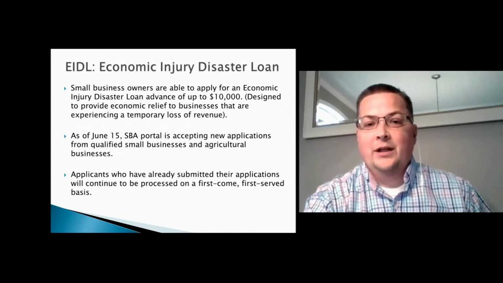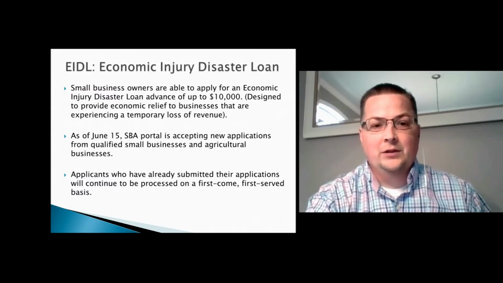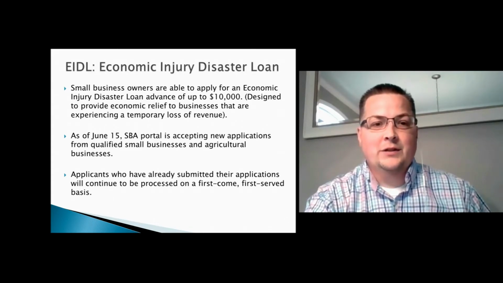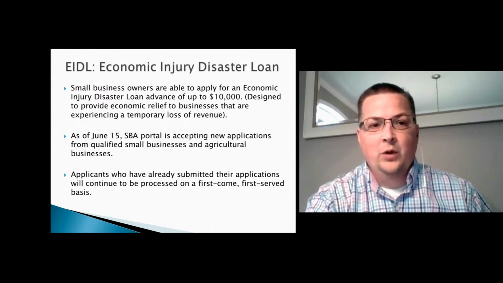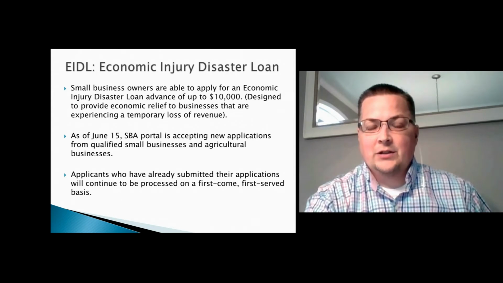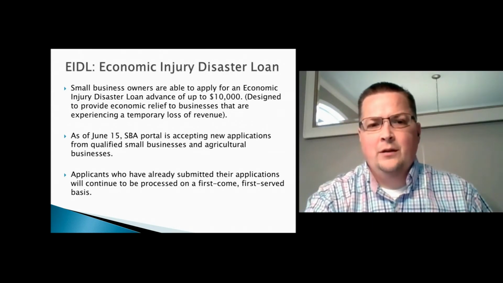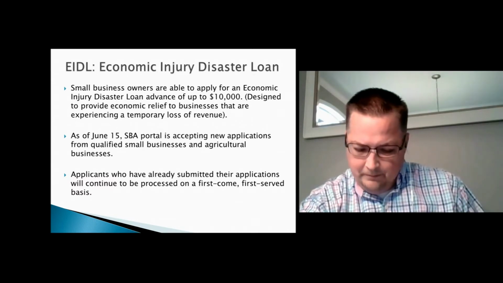So when COVID-19 came out and we started going into lockdown, the whole country and District of Columbia became a national disaster area, and everyone was made aware of this EIDL loan. They started taking applications for it. I believe April 15th was the first date you could apply.